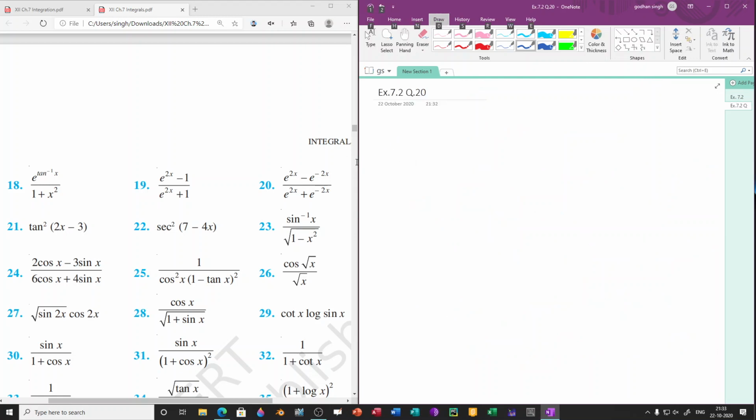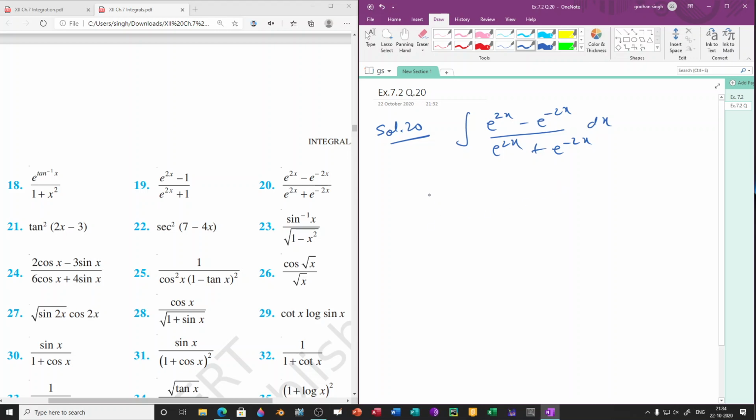Now question number 20, that also we can do exactly the same way as we have done the 19th one. So let us solve question number 20. Solution of question number 20, that is the integration of (e^(2x) - e^(-2x)) over (e^(2x) + e^(-2x)) dx, and here there is no need for us to divide the numerator and denominator, because if you see, if you take the denominator as t, the differentiation of that will give us dt with some numerical value.